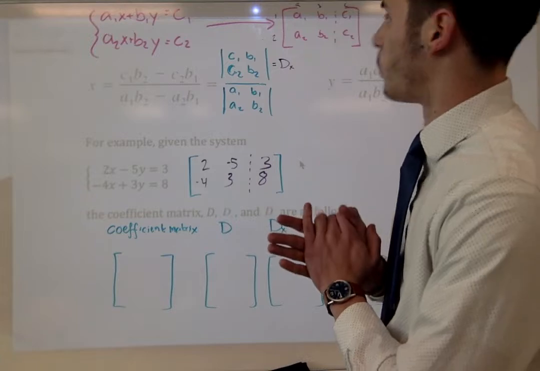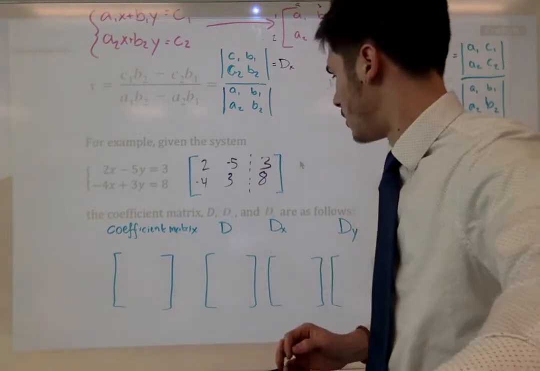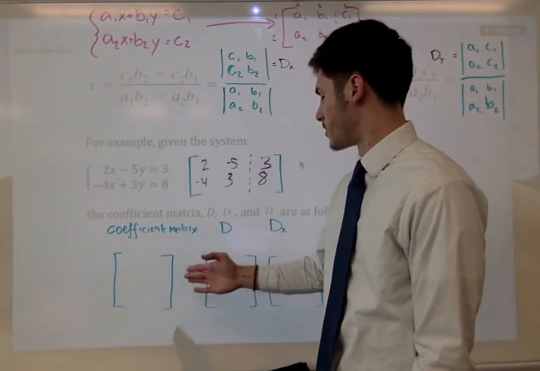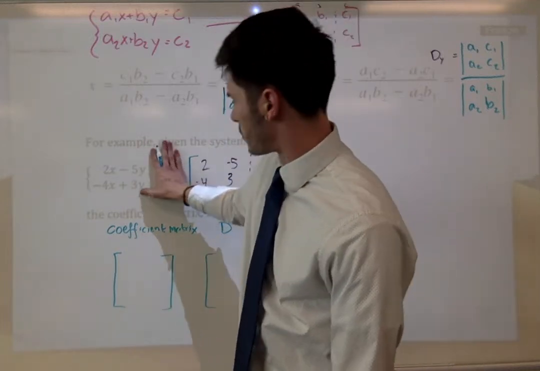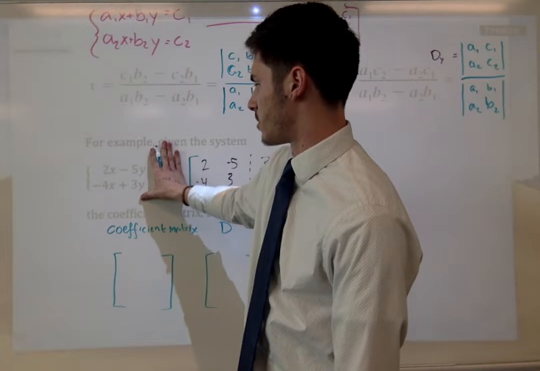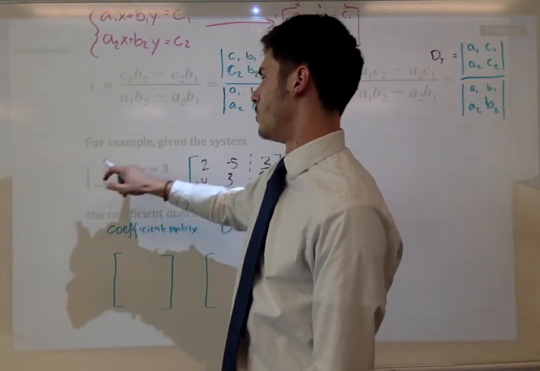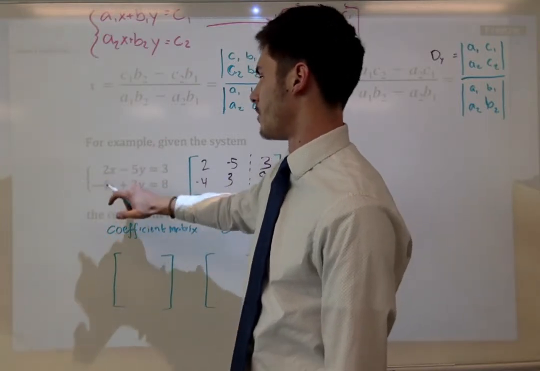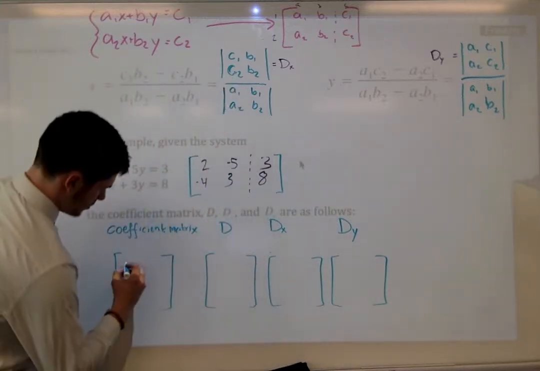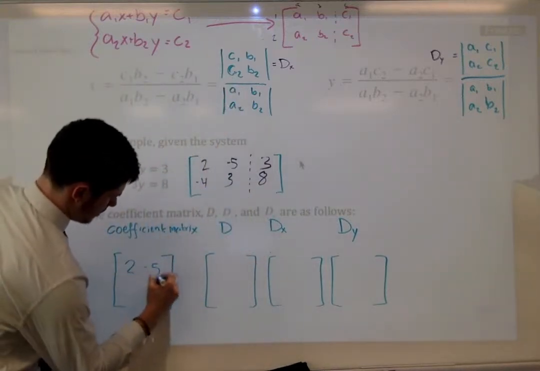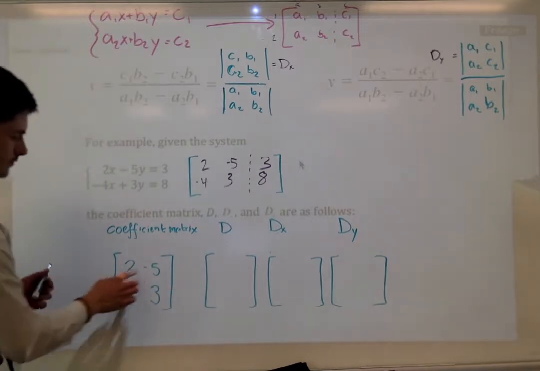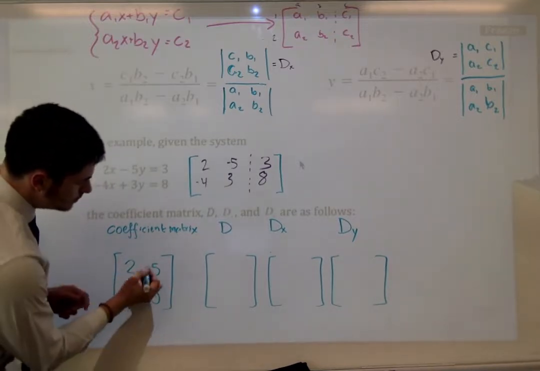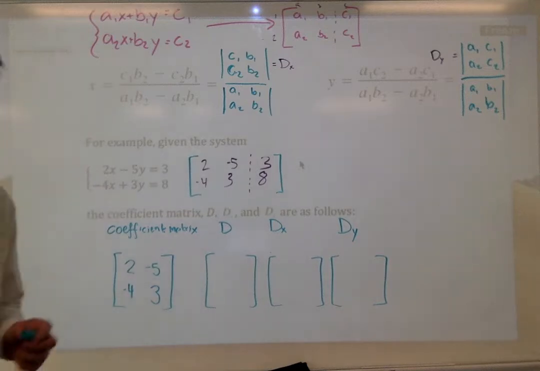So let's look at what pieces we have to put together. Let's do the coefficient matrix first because that's pretty easy. We'll just look at the coefficients. So we'll cover up the solutions and we'll see the coefficients connected to the variables. We've got 2, -5, -4, and 3. Sorry, that kind of looked like a 2 minus 5.